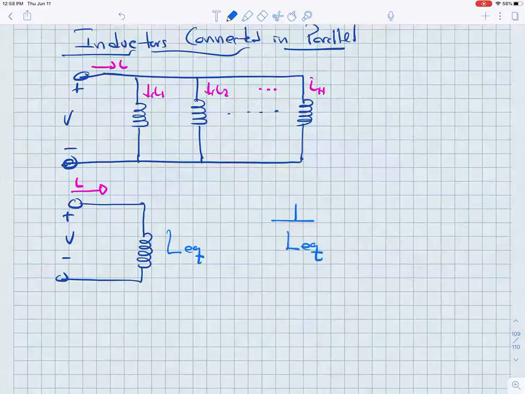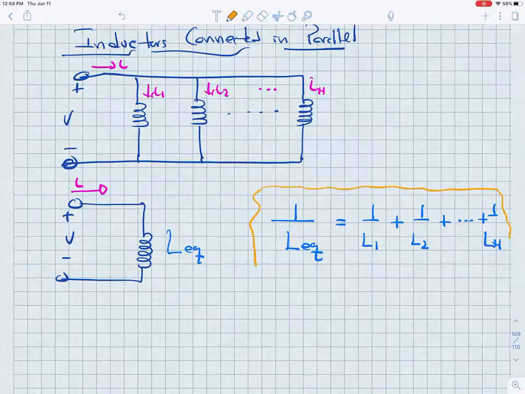L equivalent is equal to 1 over L1 plus 1 over L2 plus 1 over Ln. Now, if you have only two of them in parallel, then you can combine them just like we do for resistors. So it's going to be L1 times L2 over L1 plus L2. This is for the inductors.